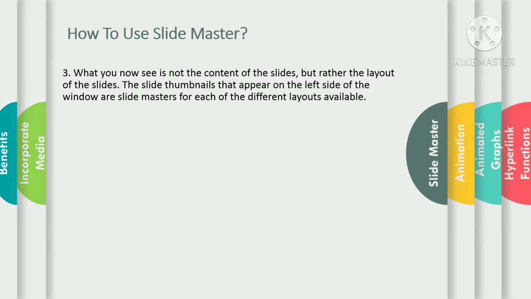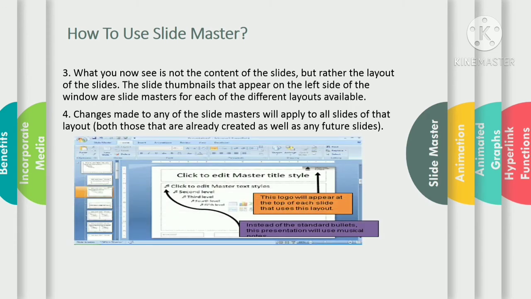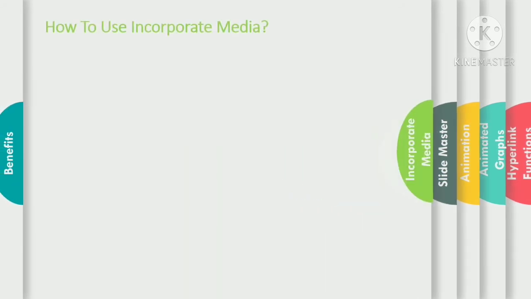The slide thumbnails that appear on the left side of the window are Slide Masters for each of the different layouts. Changes made to any of the Slide Masters will apply to all slides of the layout, like this. To close the Slide Master view, click Close Master View on the Slide Master tab.